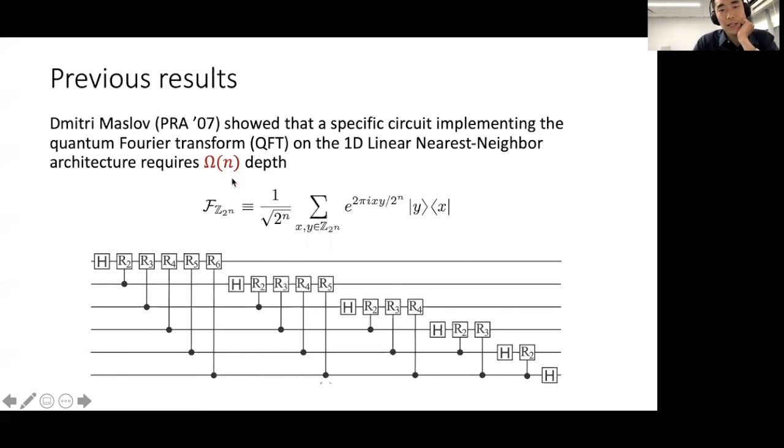This result shows what we want for the quantum Fourier transform, which is a multi-qubit unitary. However, one drawback is that this only applies for this very specific circuit that implements the quantum Fourier transform, and not for all possible ways of implementing the unitary associated with the QFT on this architecture.